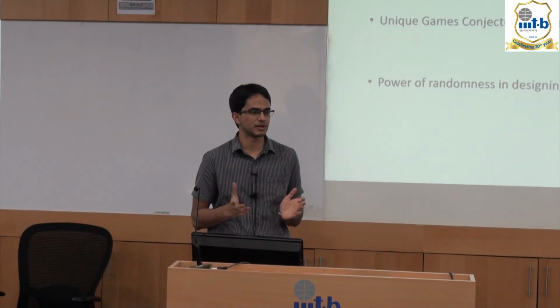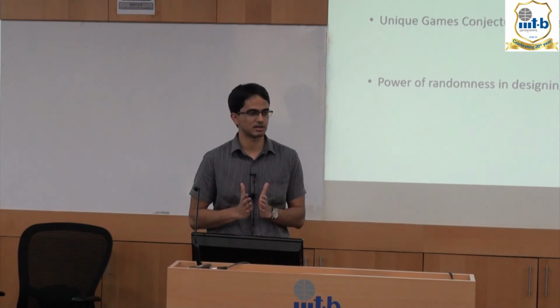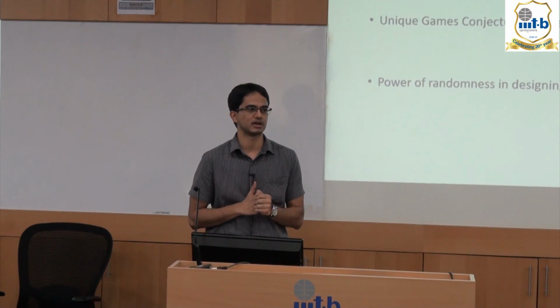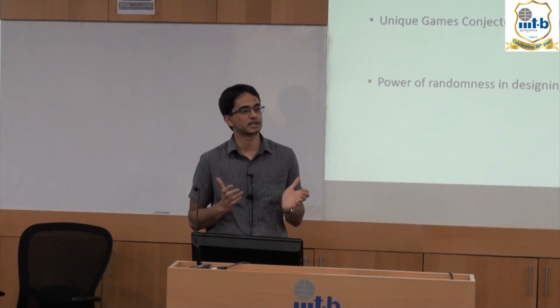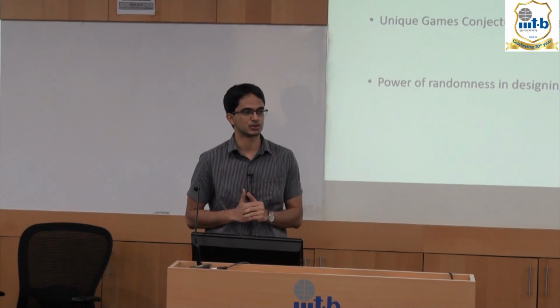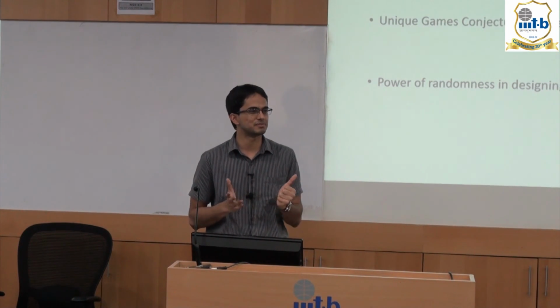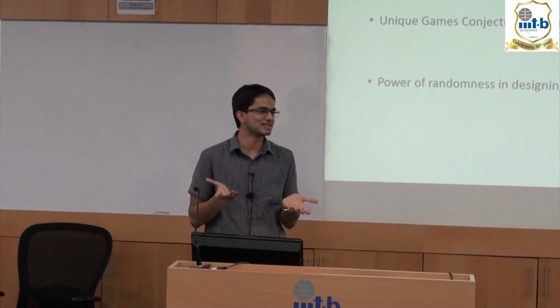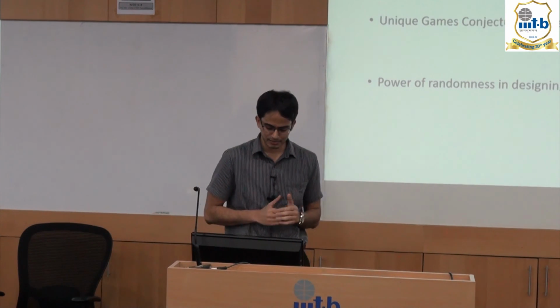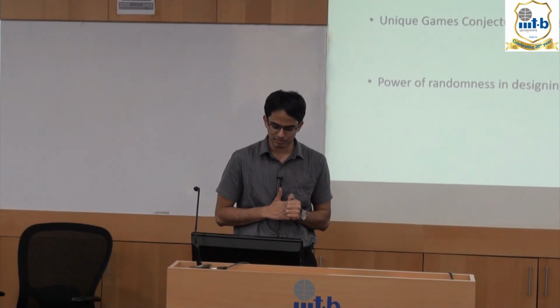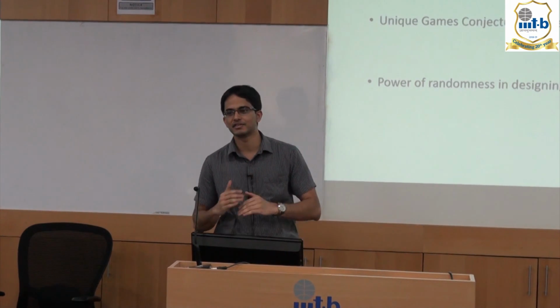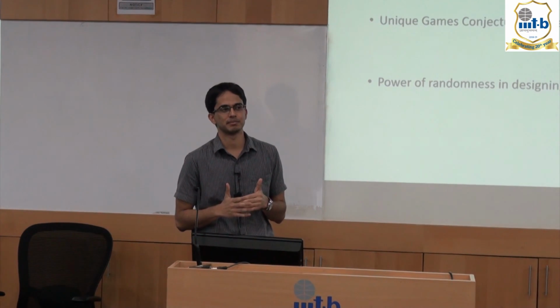But for the unique games, there was a paper by Arora, Barak and Steurer in 2010 which gave a sub-exponential time algorithm to distinguish between those two cases. So it doesn't really disprove the unique games conjecture, but it maybe seems to suggest that it's not true. So that was some slight evidence that the unique games conjecture might not be true.